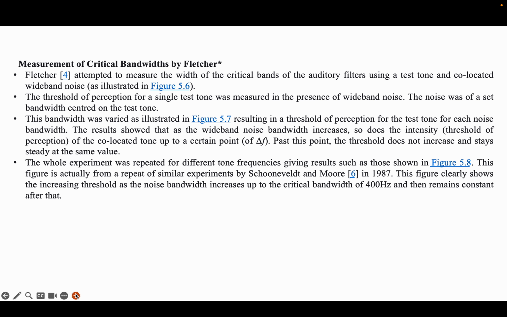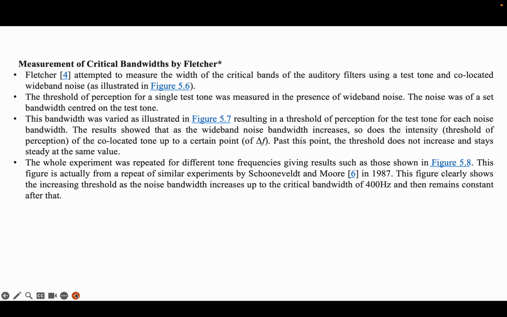So what are they saying? They're saying that you can hear this tone. And so suddenly we introduce some band-limited noise whose center frequency is centered at the frequency of the tone. When that noise is loud enough, it completely covers up the presence of the tone. You can no longer hear the tone. So the intensity level of the tone has to be increased. Okay?